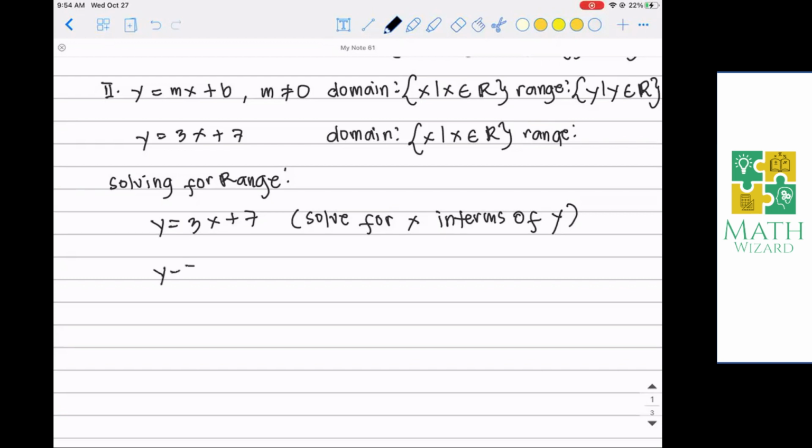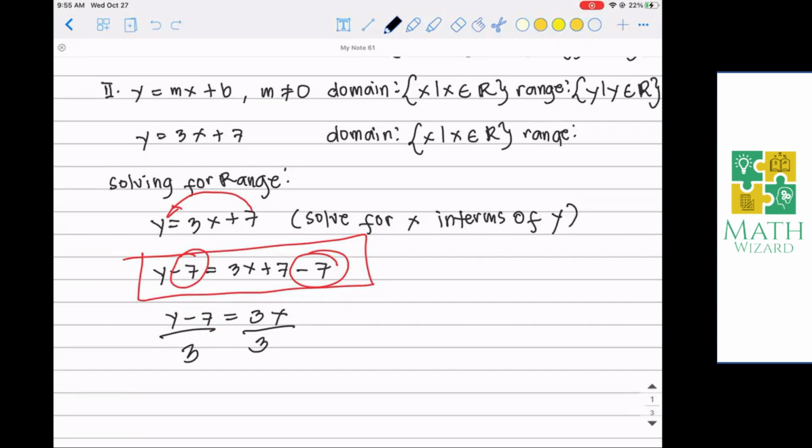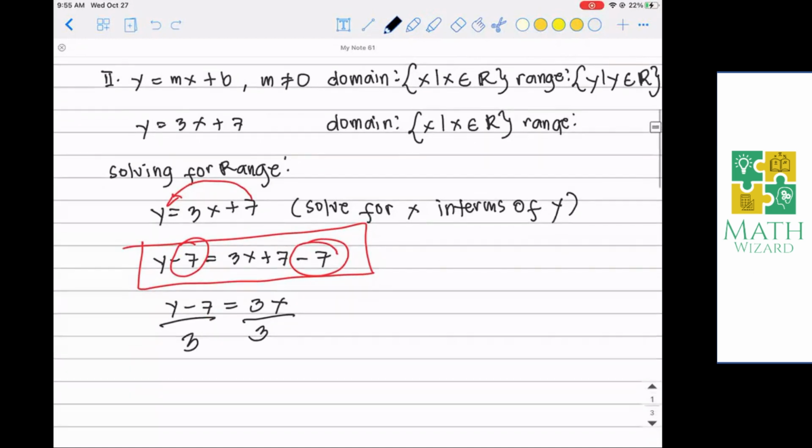We need to subtract 7 from both sides of the equation. It becomes y minus 7 is equal to 3x. And we solve for x. Cancel na natin to. So x is equal to y minus 7 over 3.